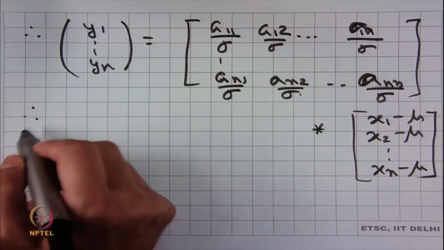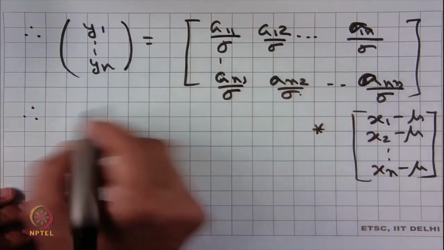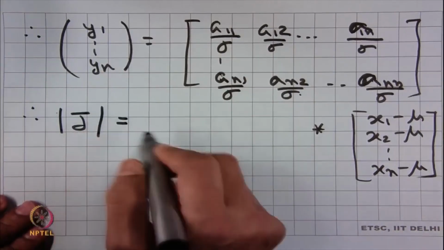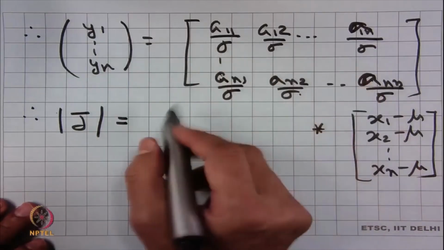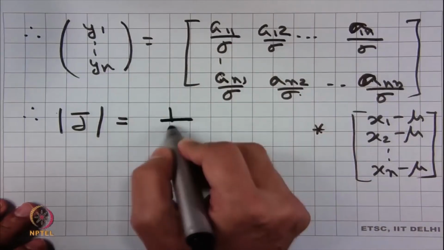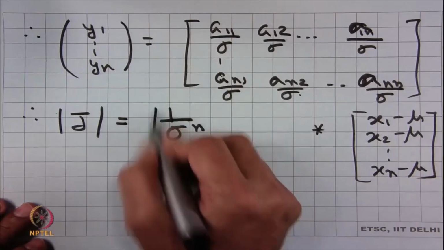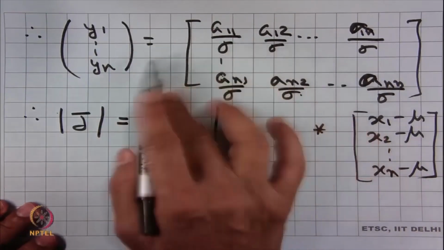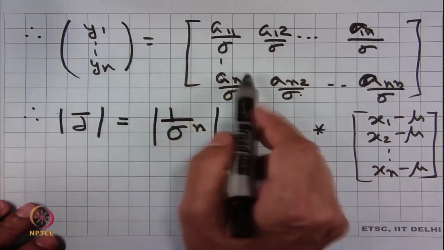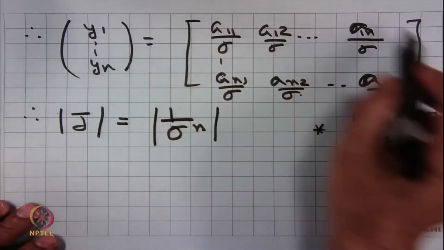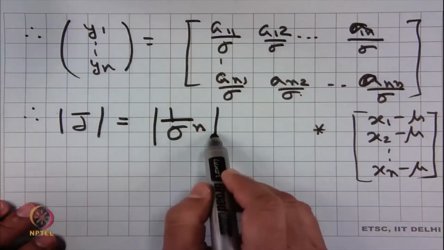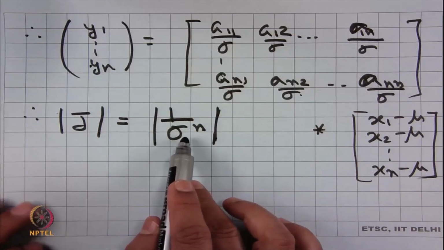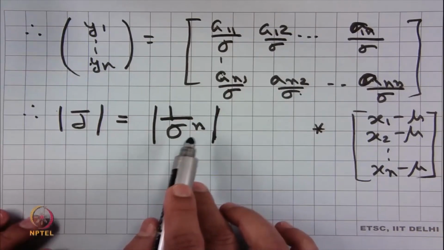Therefore, its Jacobian is going to be one upon sigma to the power n, if I take the modulus. If I take 1 upon sigma out from each of the n columns, the determinant is equal to 1. Therefore, the mod of the Jacobian of this transformation is going to be 1 upon sigma to the power n.